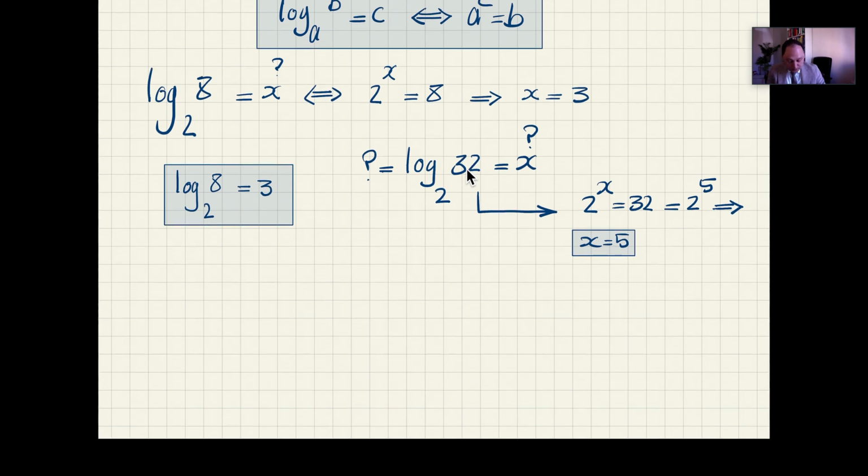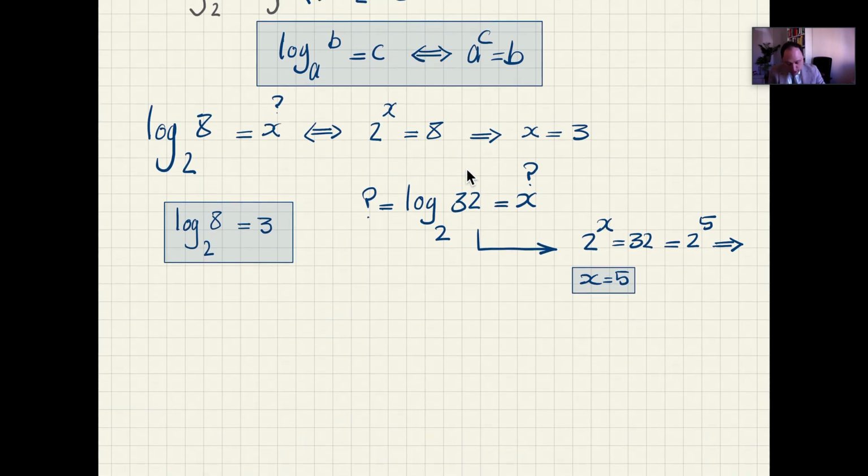Okay, so let me ask you this question. What is the log of 100 in base 10? It's 2. It is 2, yes. Why? Because 10 to the power 2 is 100.